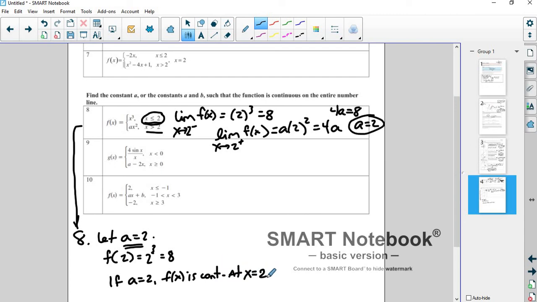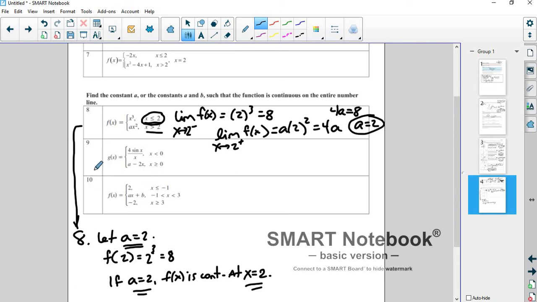That's a bad choice of numbers from the guy that made this problem, because this 2 here and this 2 here have nothing to do with each other, right? This is a problem in maybe understanding, but we're looking at 2 because that's where the breaking point is, and then it turns out that a has to be the constant to go in front of the x squared, okay? And that'll make it continuous.